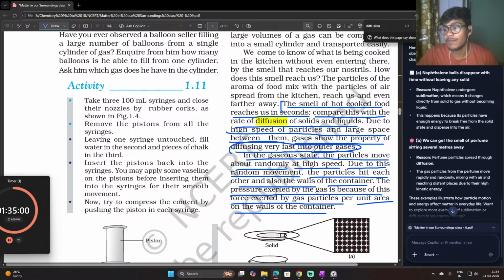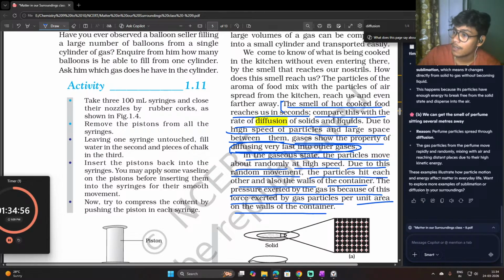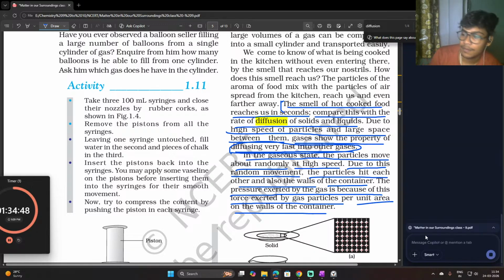Diffusing means, we want to know, so you can get it more clearly.